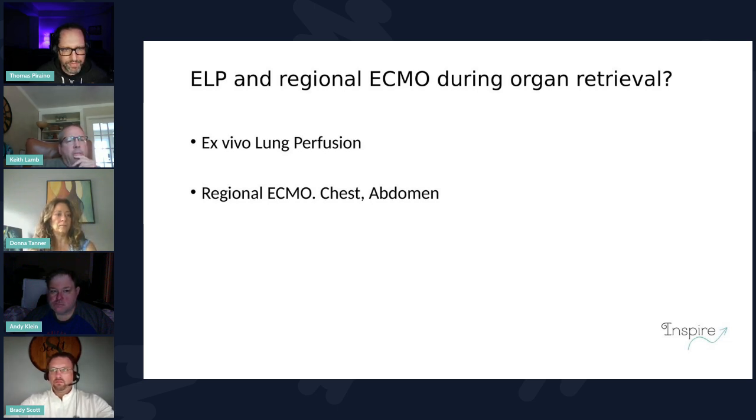Should we briefly describe EVLP for anyone watching that may not be aware of it or doesn't provide it in their center? Yeah, that's probably a good idea. From my standpoint, EVLP, ex vivo lung perfusion, is a perfusion machine, and it helps optimize and improve that ventilation perfusion relationship, taking those less optimal lungs and making them optimal.